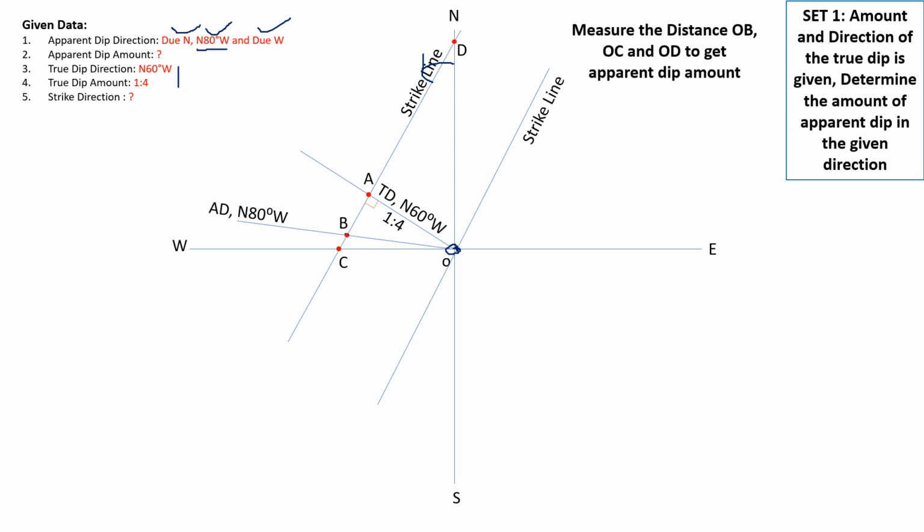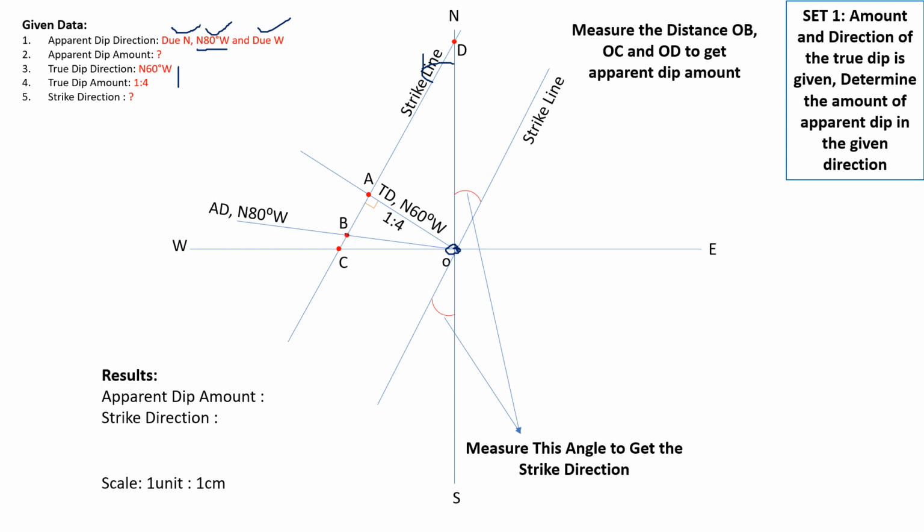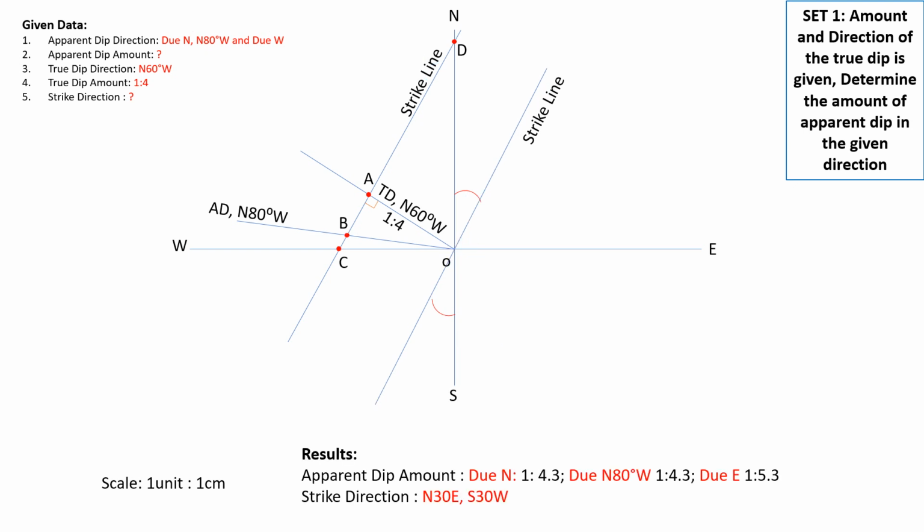Okay. Now remain is the strike direction. Same way, I'll measure these two angles to get the strike direction as well. I'll write down the scale. I'll write down the results. So these are the results of this. Once you complete it, the diagram will look like this in your journal. Okay.